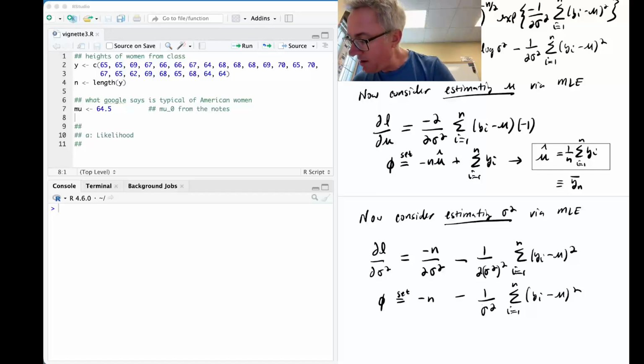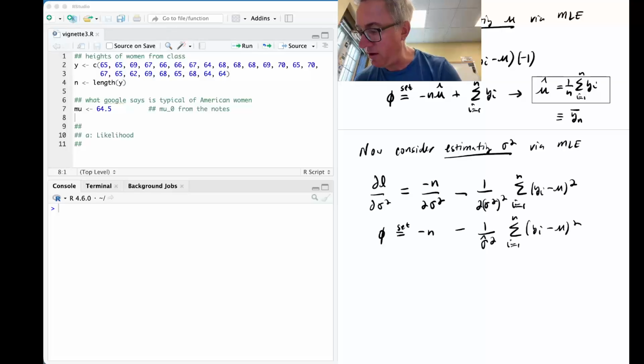And again, at this point, I like to put a hat on sigma squared because that's the value that I'm going to solve for. And now this is pretty easy because I just need to rearrange a little bit, putting sigma squared in the numerator on the left, and then I'm going to get a 1 over n sum i equals 1 to n of y i minus mu squared.